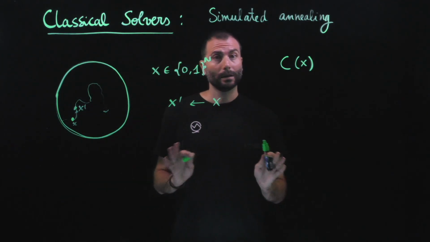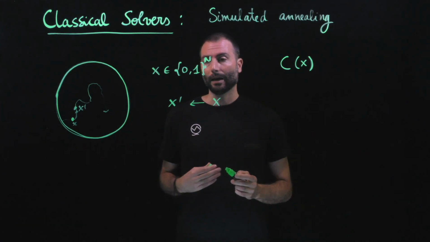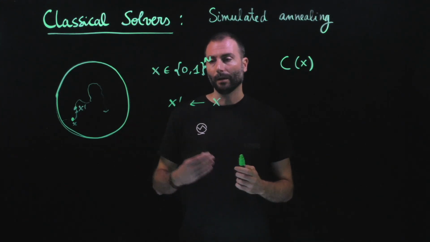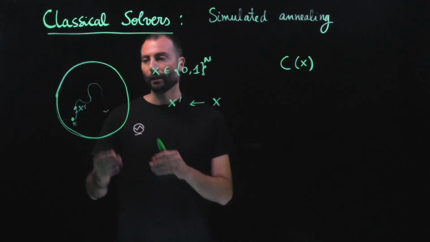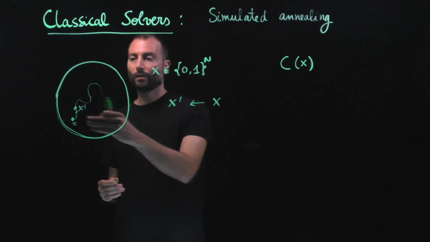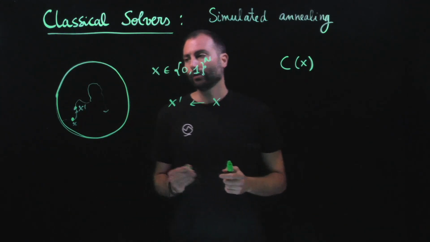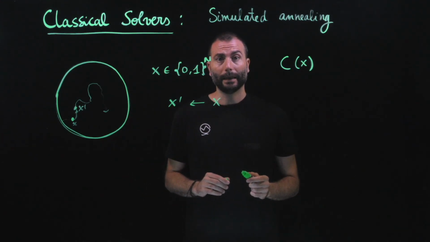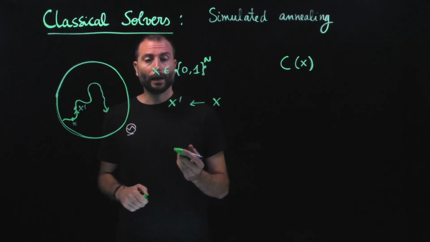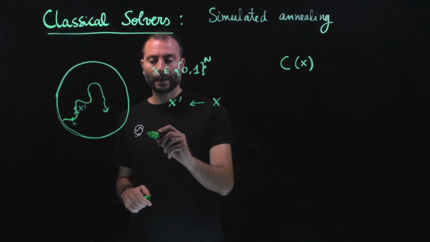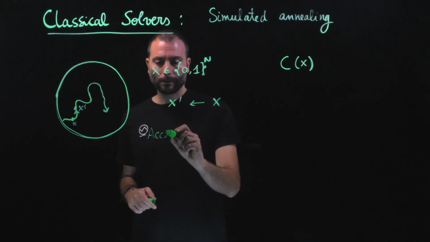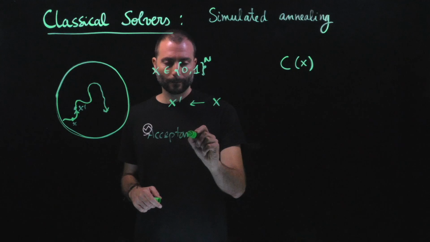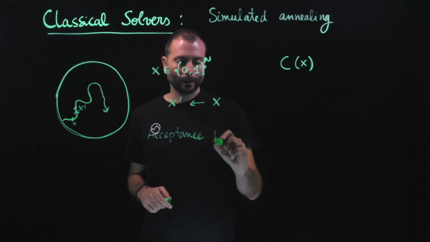I have these two possibilities: either accept the change and go to x prime, so explore the configuration space in that direction, or just remain in x. So we use a function that is called the acceptance probability function.